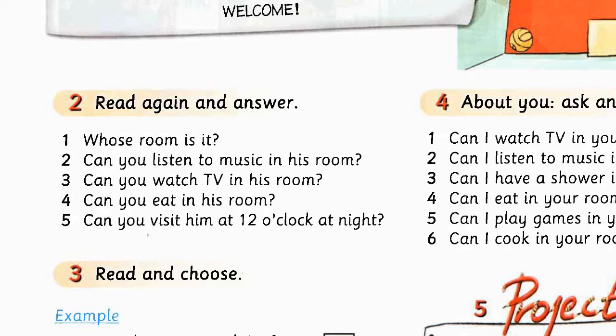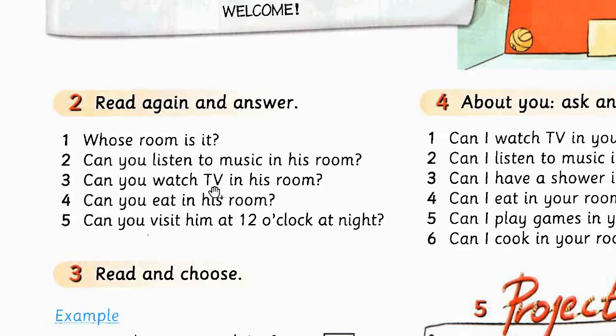In exercise number 2, you're supposed to read again and answer the questions. Question number 1. Whose room is it? Question number 2. Can you listen to music in his room? Because Jake is a boy, you know his is used for possession, his room. Okay, number 3.